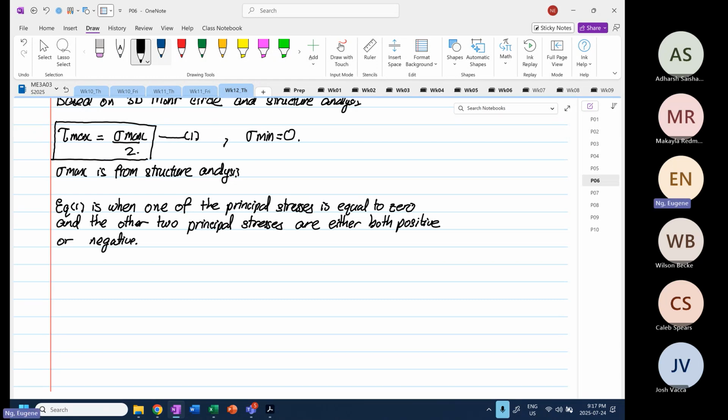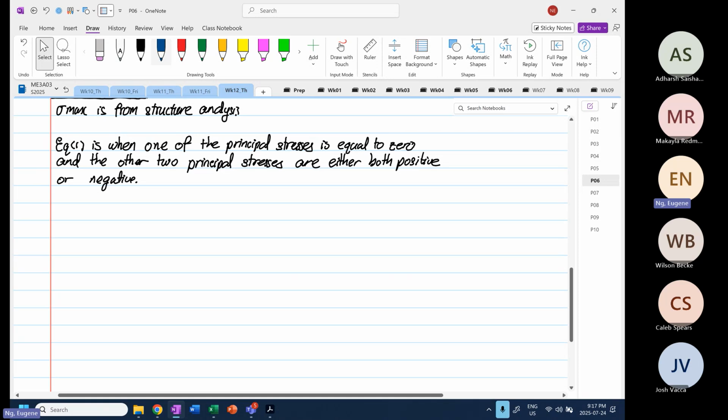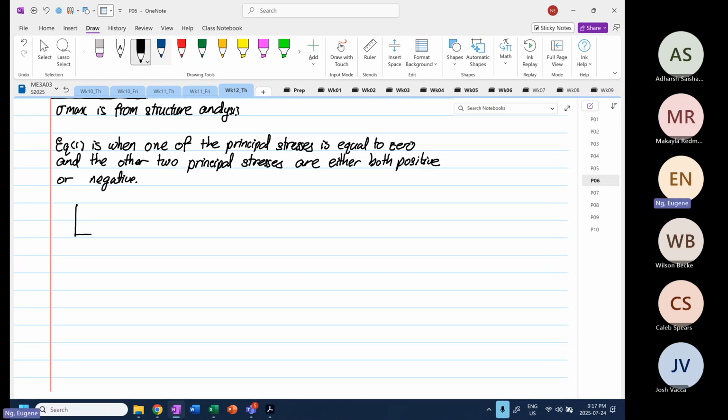Let's look at one situation, based on the 3D Mohr circle.